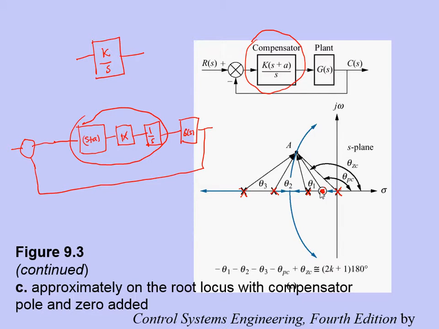So if you change the value of k, I would think you would move this way for that one. This one and this will come in, and this will go out like that. But this 0 makes it in such a way that this has been modified.